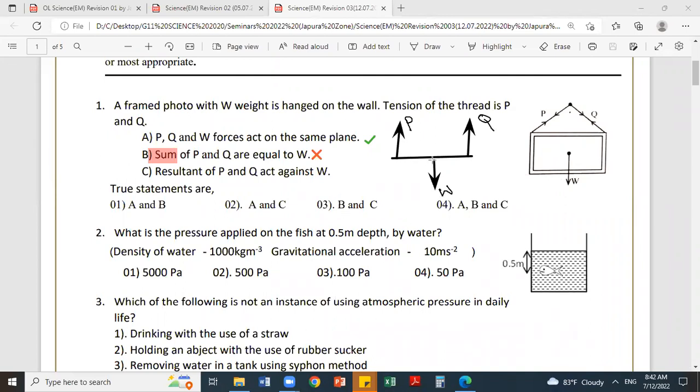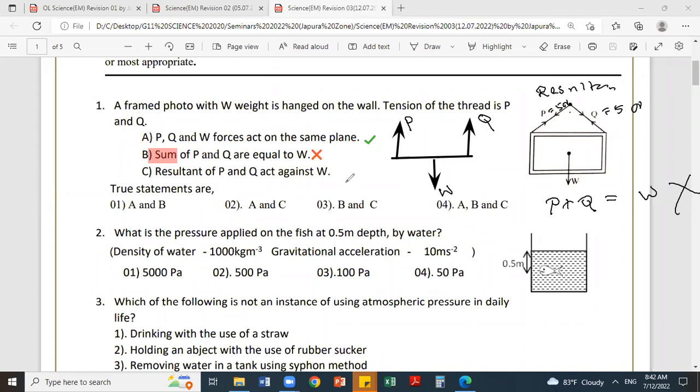So why is B wrong? Because of the word sum. The correct wording here should be the resultant of P and Q. That means if P is 5 Newton and Q is also 5 Newton, you can't say P plus Q equals W. That is wrong.